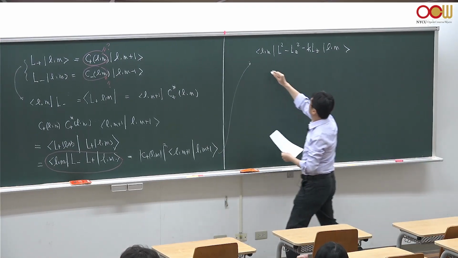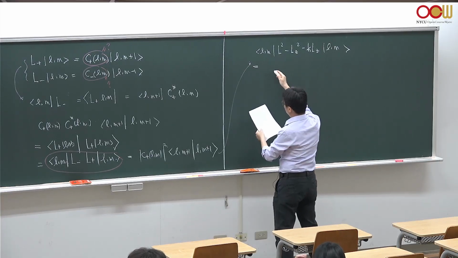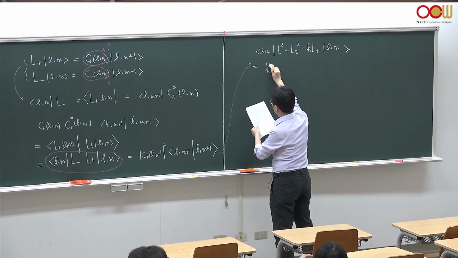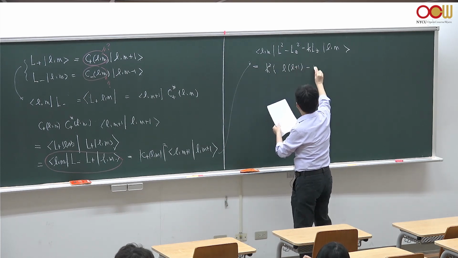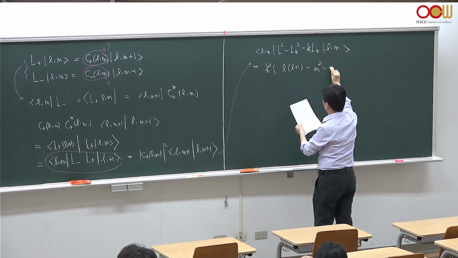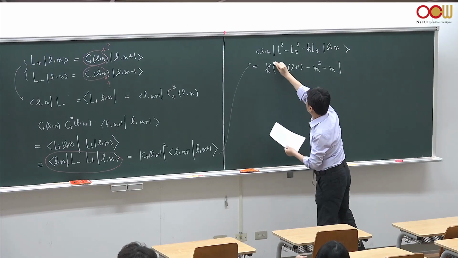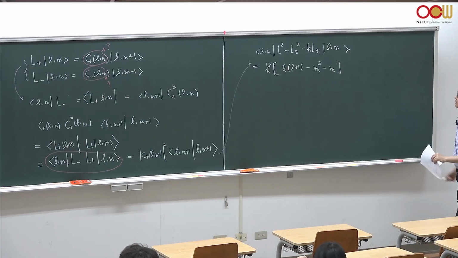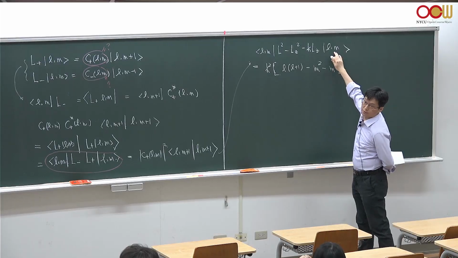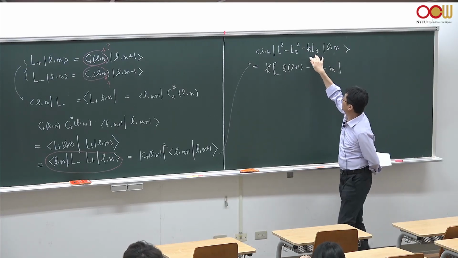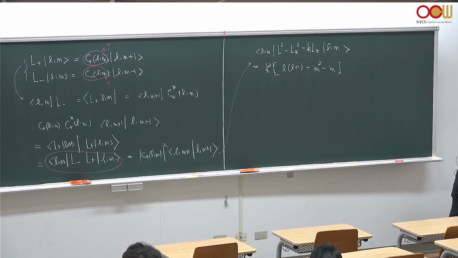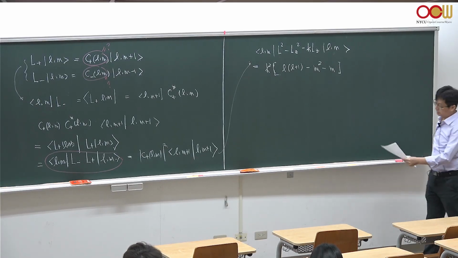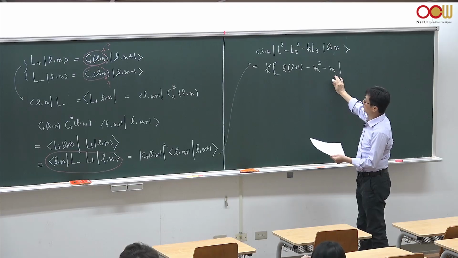So let's just perform this eigenvalue calculation. This is l(l plus 1) minus m squared minus m times h bar squared. That's it, because |l,m> is the simultaneous eigenstate of Lz and L squared. We simply plug in the eigenvalues that we assumed in the very beginning, and this will be the final result.